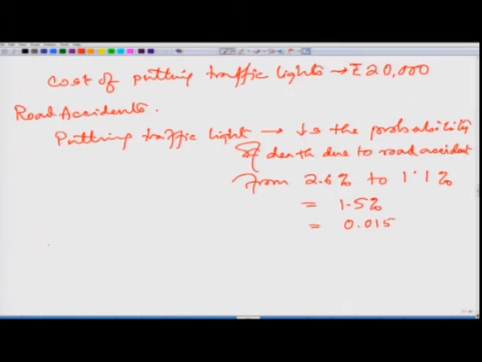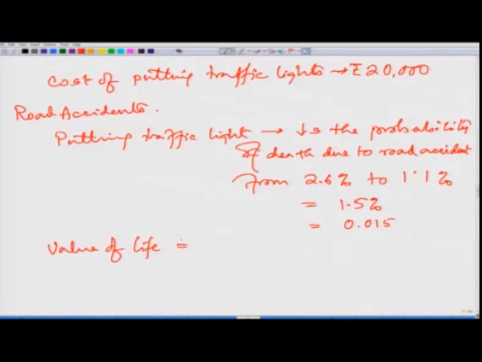So the monetary estimation of life, the value of life, and you have to estimate everything, the opportunity cost, and if the person was living, then probably the total earning, and the compensation the government is giving. All these costs have to be kept together while estimating the benefit, because they are the opportunity costs eventually.